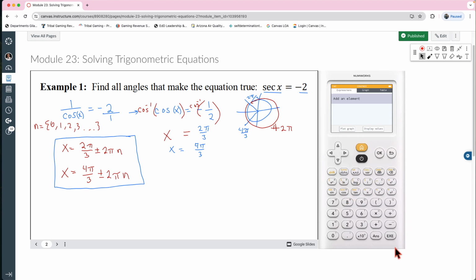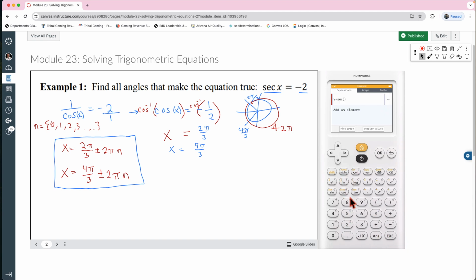So I'm going to add an element, add y equals x, and let's make that secant x. Go to our toolbox, and oh, there it is, it's secant right there.